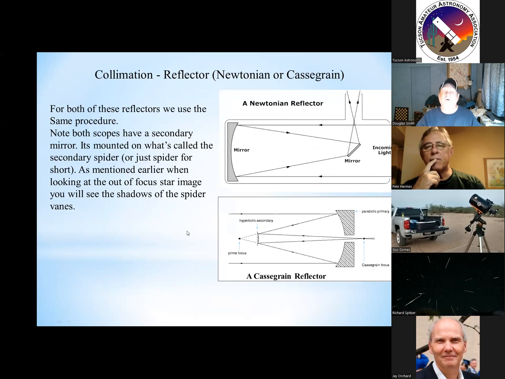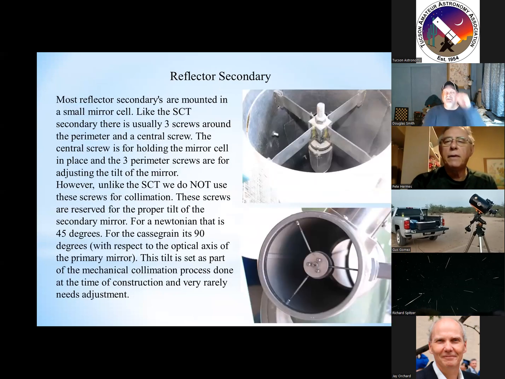Okay, so now we're going to talk about the reflector telescopes. There's basically two types: Newtonian and Cassegrain. You basically use the same procedure for both of them. In both cases, you've got a secondary mirror that's in the tube, and as you notice in both of these figures, just like the Schmidt-Cassegrain, there's a center screw, which is like here.